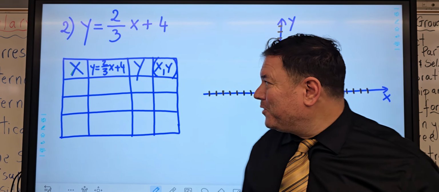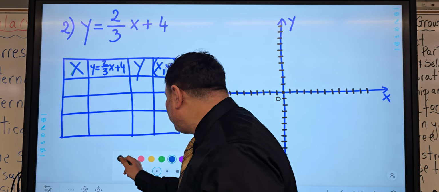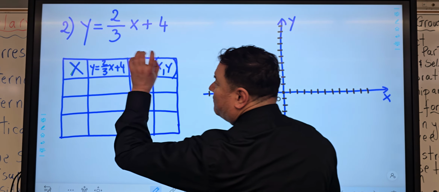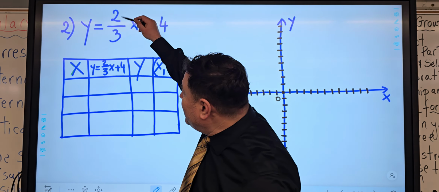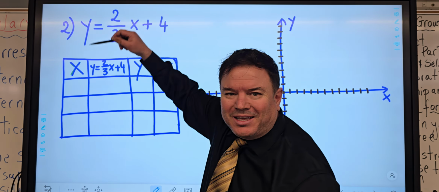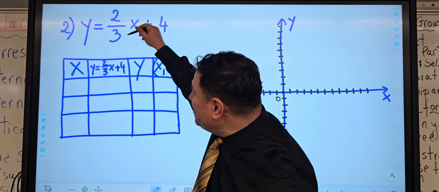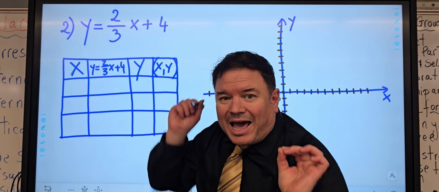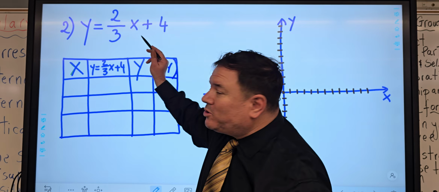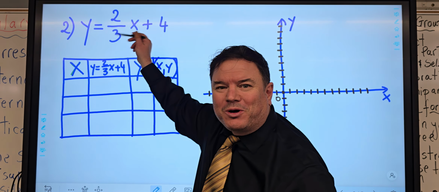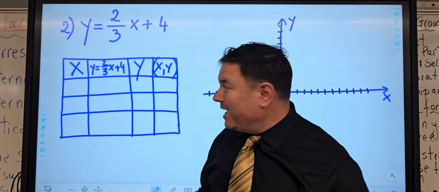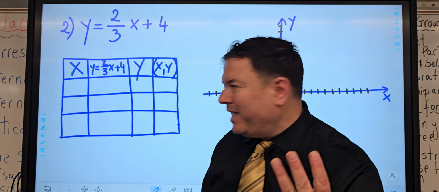Okay, so first of all, now we again have to be very careful when we choose the values of x, because our goal is to get rid of this fraction. And the problem is the 3 on the bottom. As we choose the values of x, we want to choose numbers for x that will eventually simplify or cancel that 3 on the bottom. And of course, the first number would be 3, right?